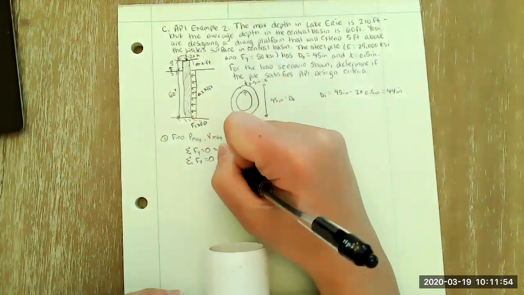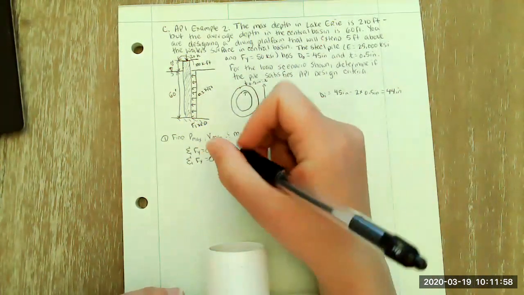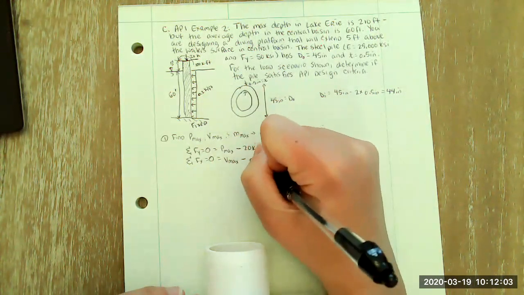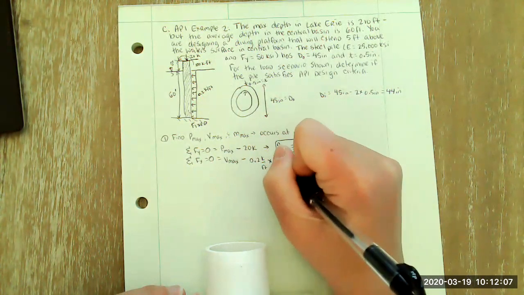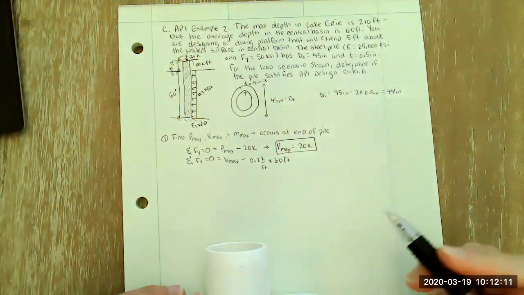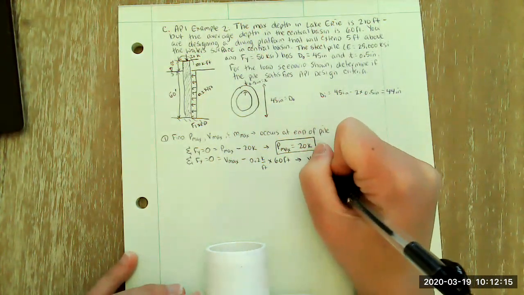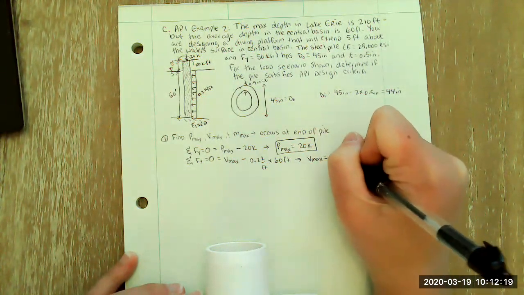This will equal V max, my reaction, minus all of the x direction forces. So this would be that 0.2 kip per foot distributed load, distributed along the entire 60 feet of the submerged portion of the pile. Solving this tells me that V max is equal to 12 kips.